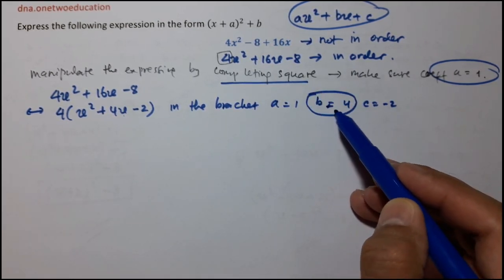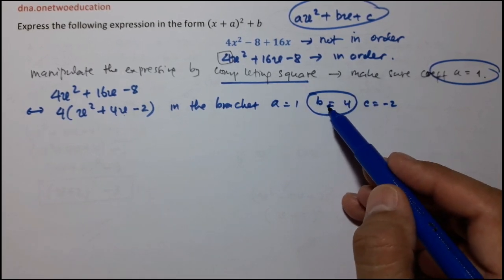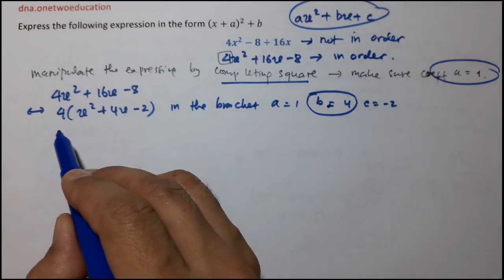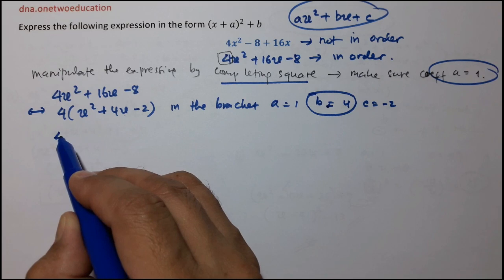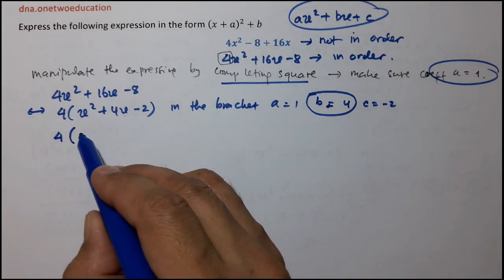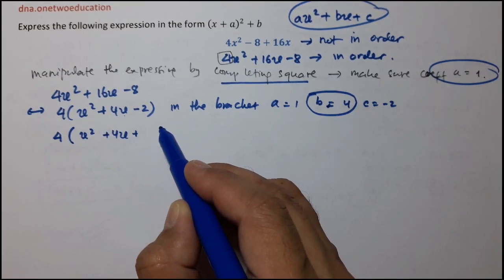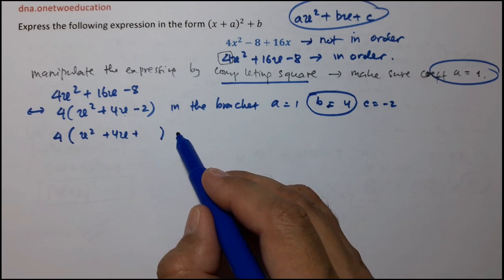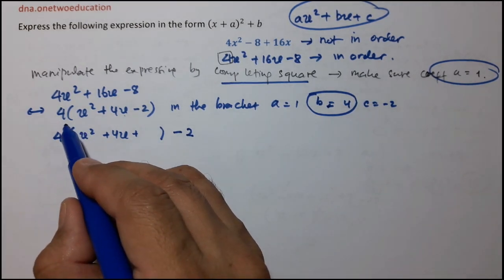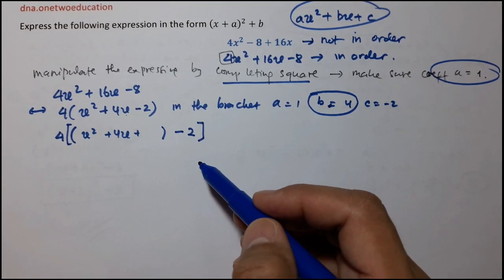You have to underline this one: b is 4. Remember, and circle this statement, b is 4, right? So next again, 4, open the bracket, x² + 4x + something, and then -2. We put here the special bracket.